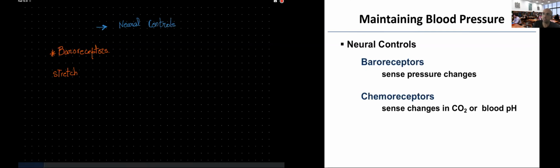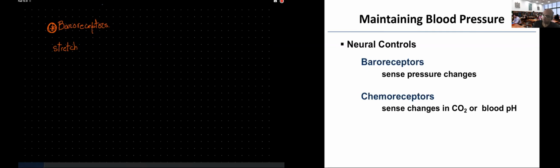So my main stimulus for the baroreceptors is going to be the artery stretch. If there is any increase or decrease in the stretch in the wall of the arteries, at this point, those baroreceptors are going to be firing signals to the autonomic nervous system for it to respond accordingly.